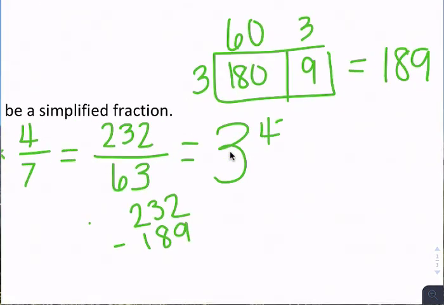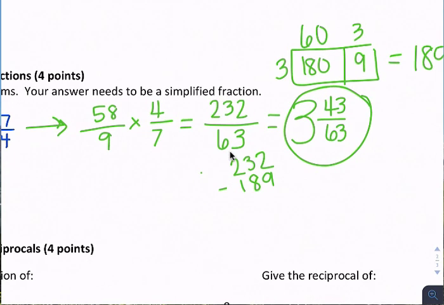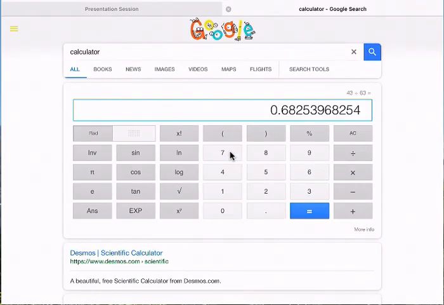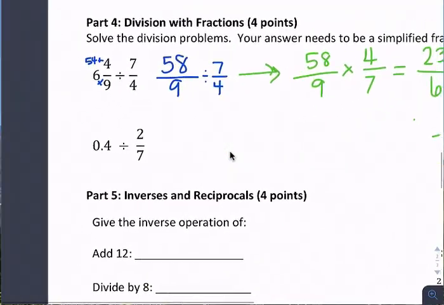Would be 43 63rds left over. Can we simplify that? I don't think so. So there is our final answer. 43 over 63. Nope. Okay.